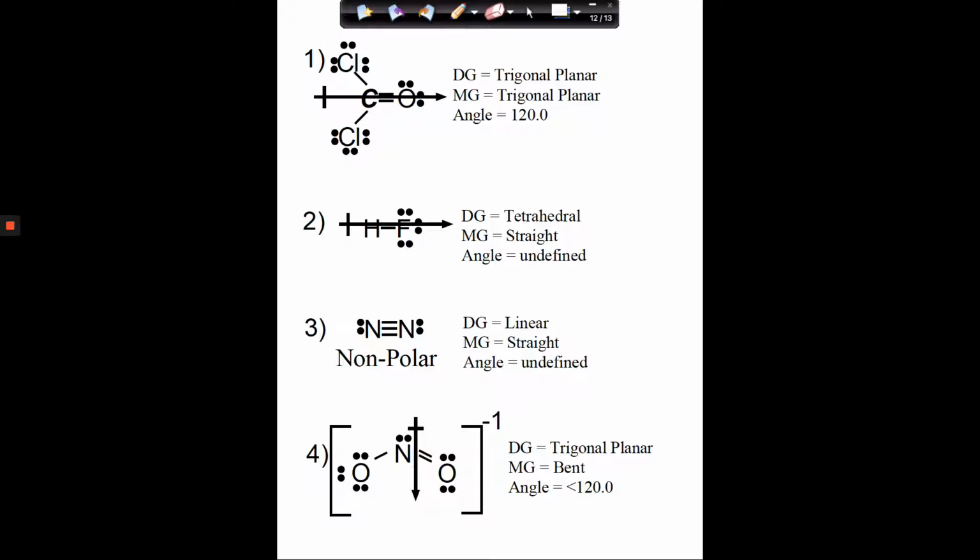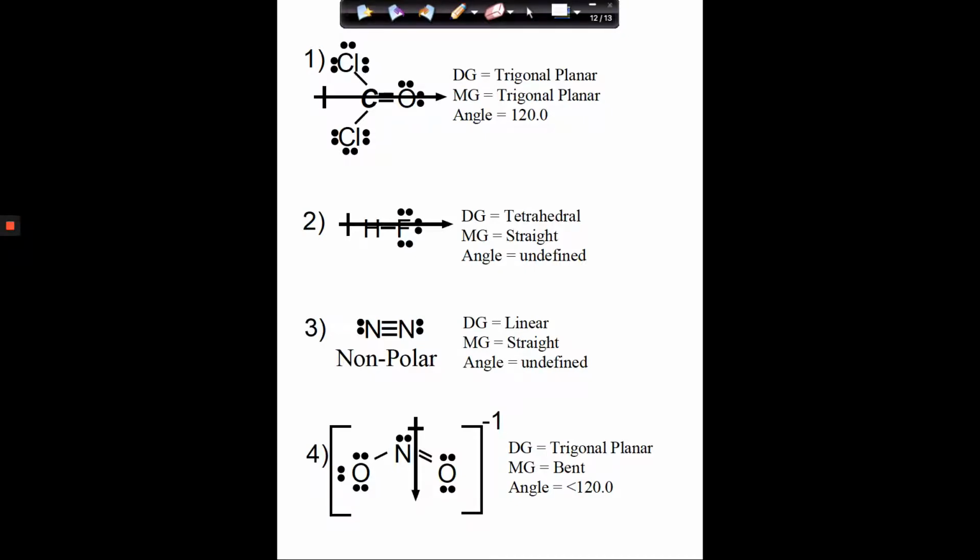So guys, number 1, not symmetrical, therefore polar. Number 2, not symmetrical, therefore polar. Number 4, not symmetrical and therefore polar. Number 3, symmetrical and therefore not polar. Guys, we don't need to look any further.